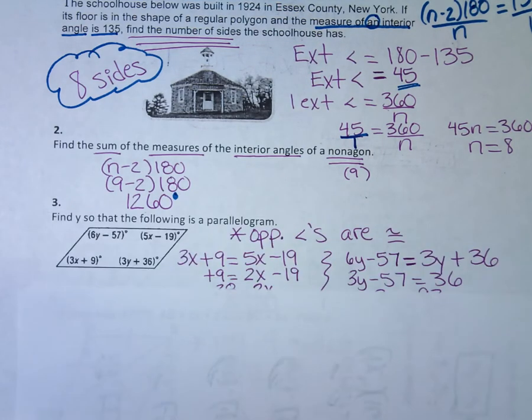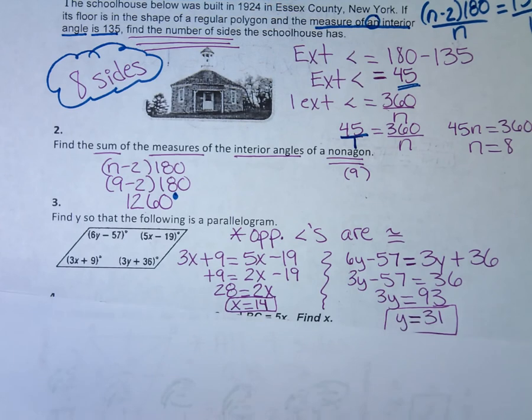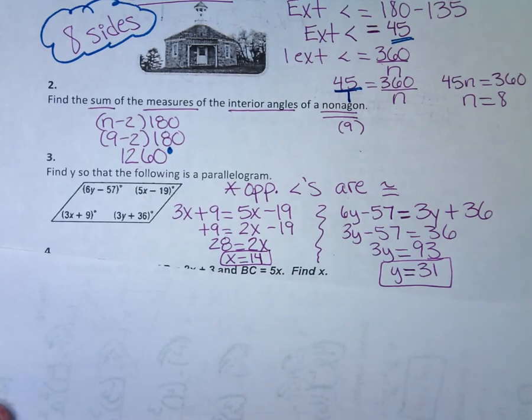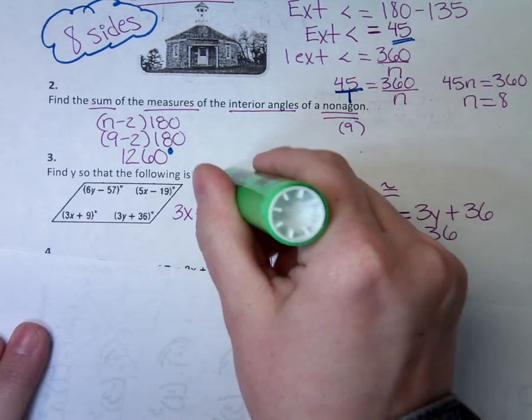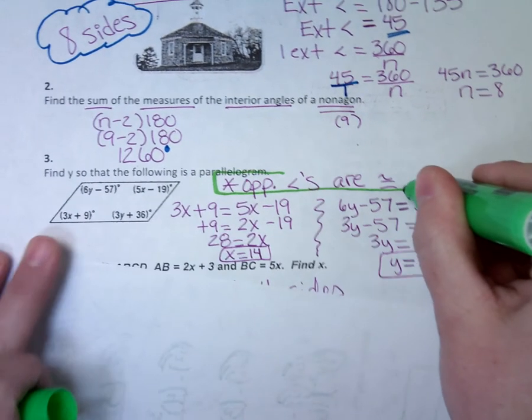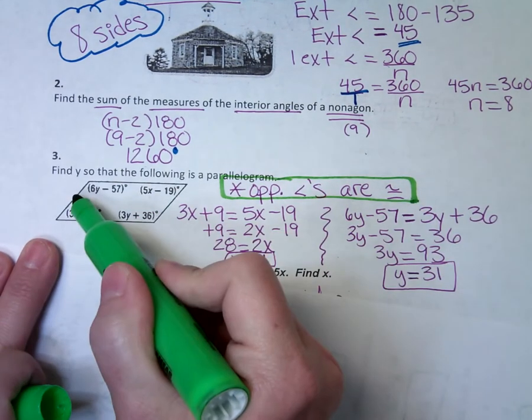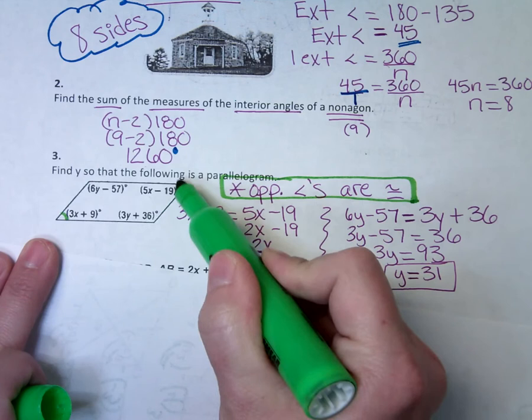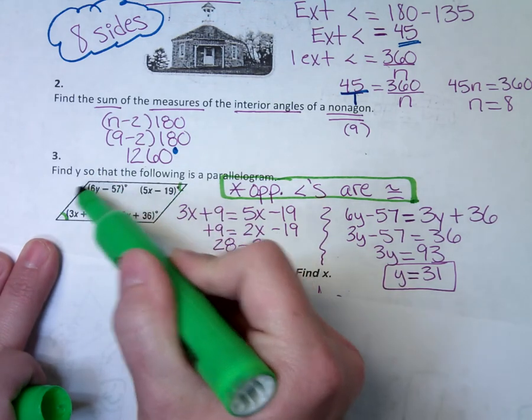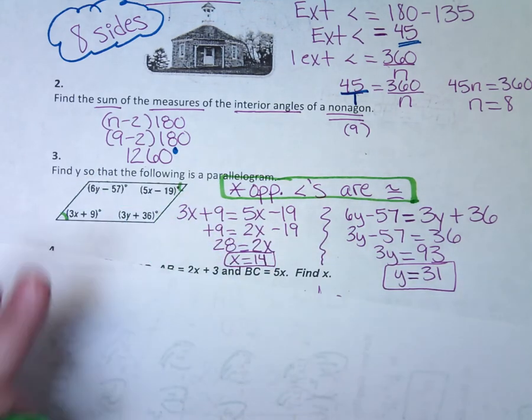Okay, next one. This is a parallelogram, and I know in a parallelogram that opposite angles are congruent. So I set these two angles equal to one another, and then I set these two angles equal to one another.